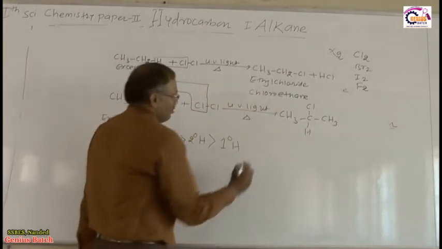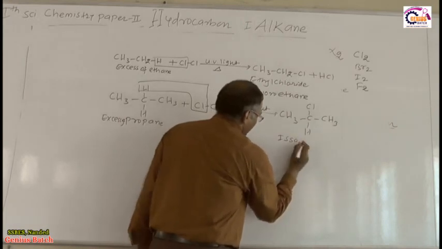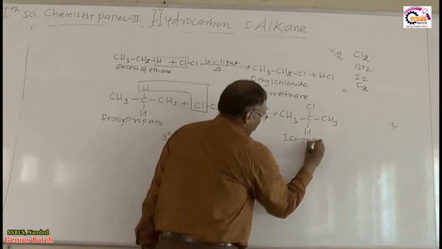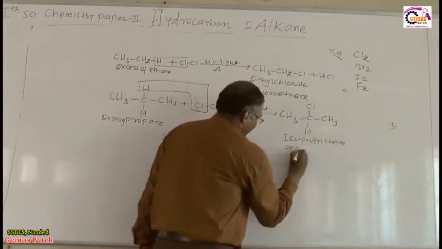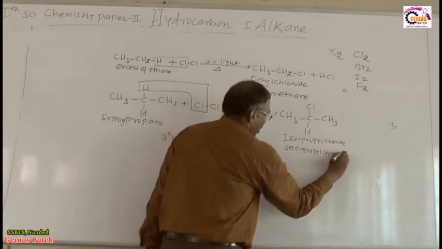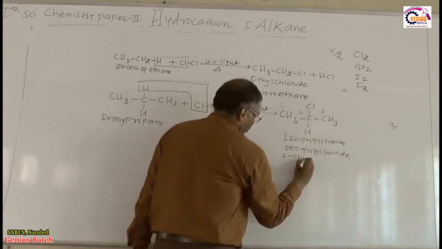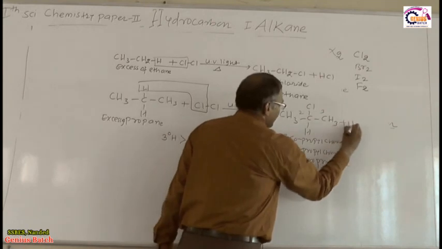Right? Okay. So what is the name of this compound? You know that this group is called the isopropyl group. So this is called isopropyl chloride or secondary propyl chloride, or it is also called 2-chloropropane, plus HCl.